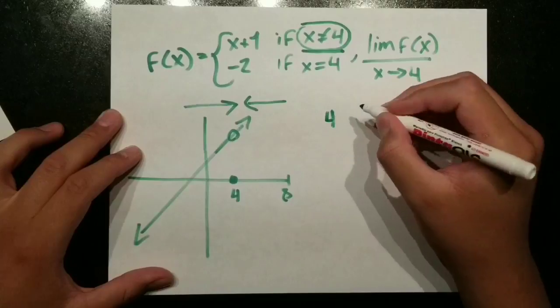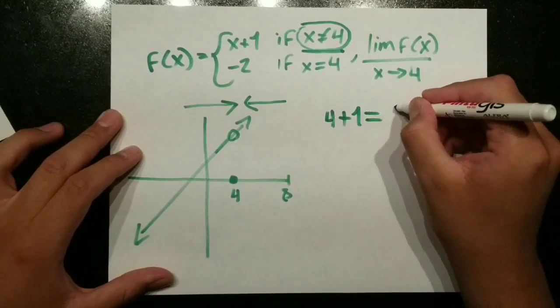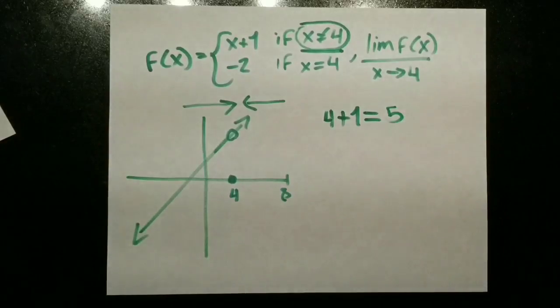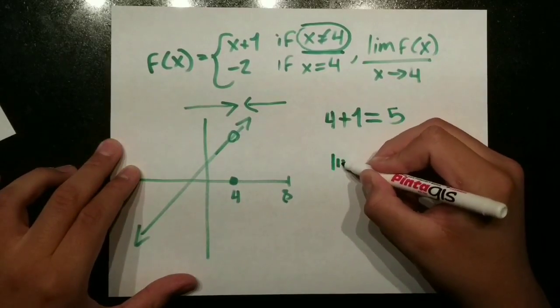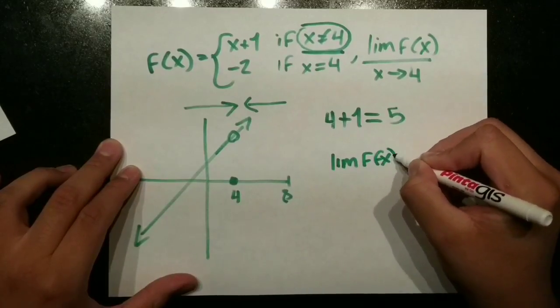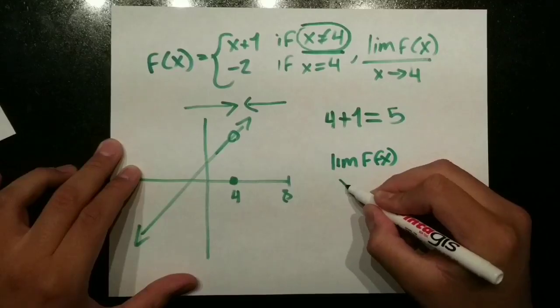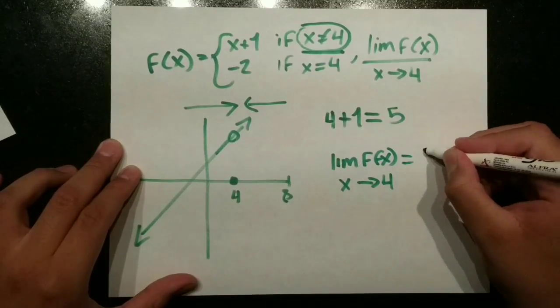So, we substitute and it equals 5. Thus, the limit of f of x as x approaches 4 equals 5.